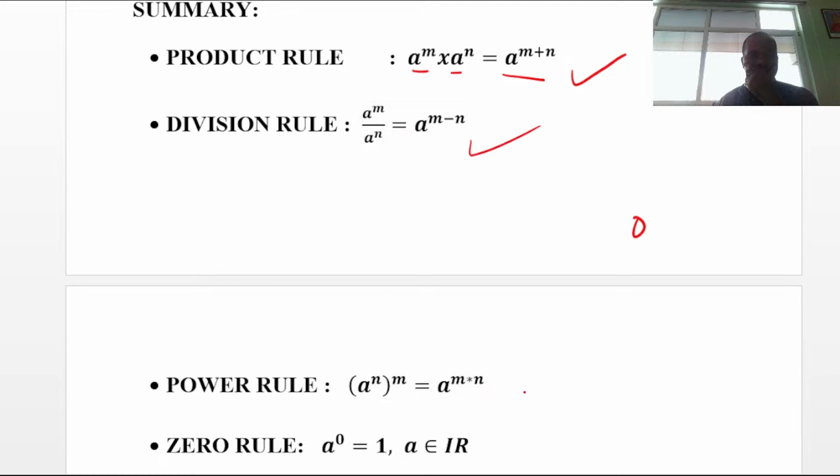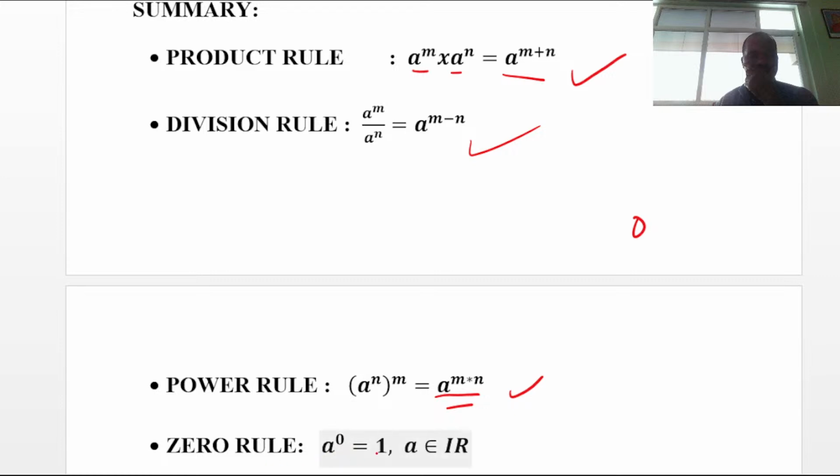And going to the power rule, we have seen while we were proving the product rule, that when you have an exponent raised to another exponent, you simply multiply those two exponents to get the simplified part.